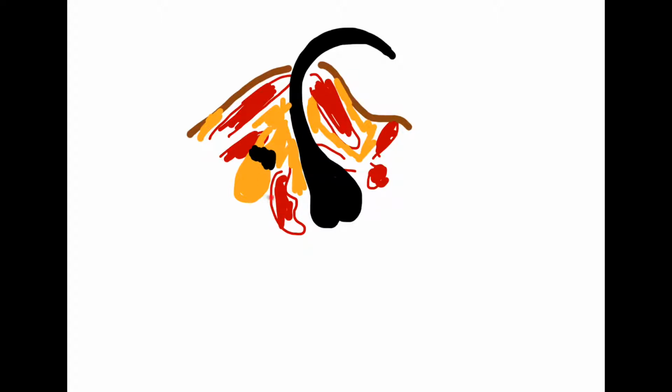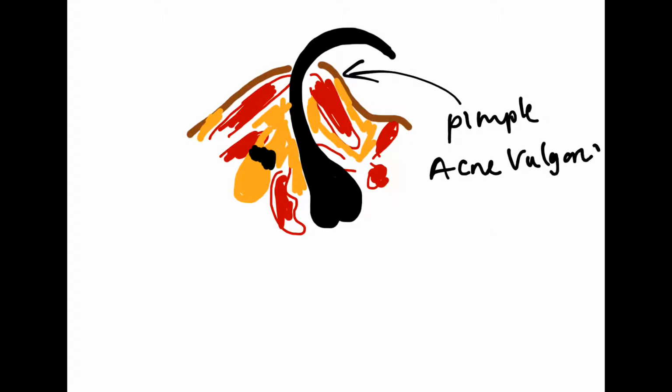We have massive vasodilation, we have fluid being leaked in, we have cells dying, we have injury to the cells, and all this accumulates just beneath the skin in a little nodule or a little papule form, and this is what we call a pimple, or acne vulgaris. Okay, and I hope this was helpful.